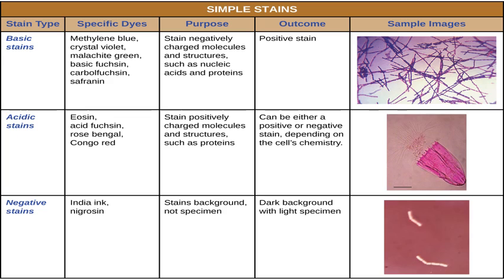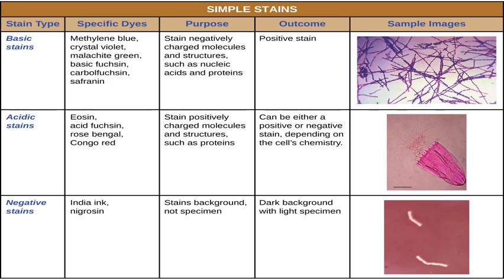Let me explain the different types of simple stains used in microbiology. As I said, there are basic stains, acidic stains and negative stains. First we will study basic stains. There are different specific dyes used for basic stain: methylene blue, crystal violet, malachite green, basic fuchsin, carbol fuchsin and safranin.